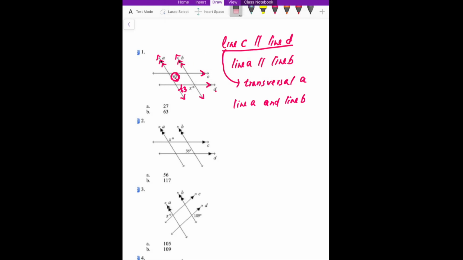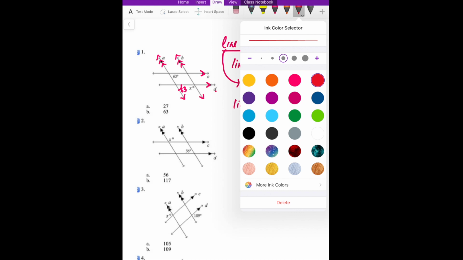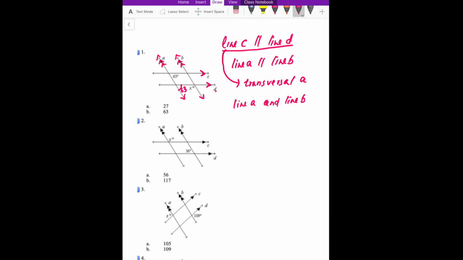That means X plus 63 is equal to 180 degrees. They both are in the inside part of A and B and on the left side of the transversal D. So 63 plus X equals 180 degrees.